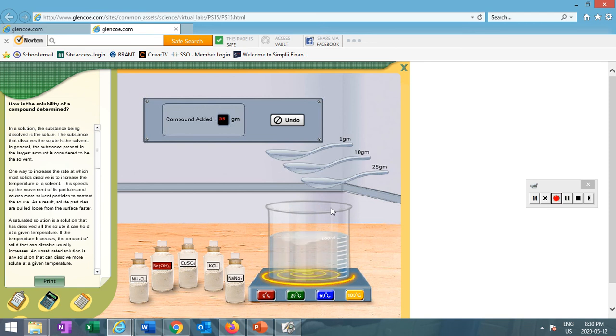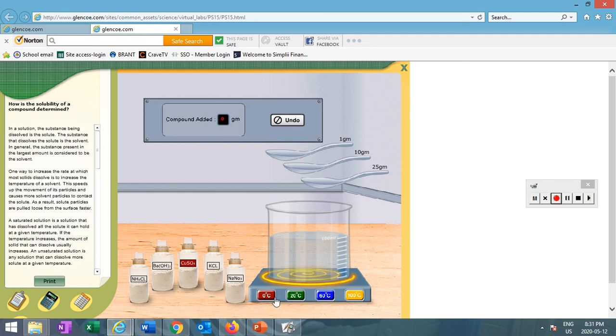Even 35. 45. 55, 65. So 102 is where barium hydroxide maxed out.